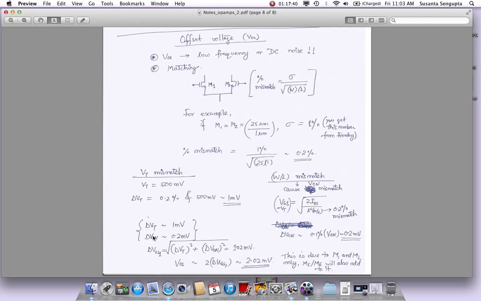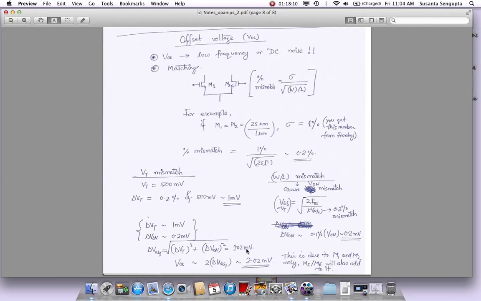So what is VGS? VGS is VT plus Von, but we can't just simply add it like that. These two are uncorrelated events. This is not going to happen all the time when the other happens, or vice versa. So anytime we go to noise, as we do noise addition, we do a mean square addition. So we take a mean square value for this and a mean square for this, and if you just want delta VGS, you do a square root, and that will come to about 1.02 millivolt, or roughly equal to just this number.